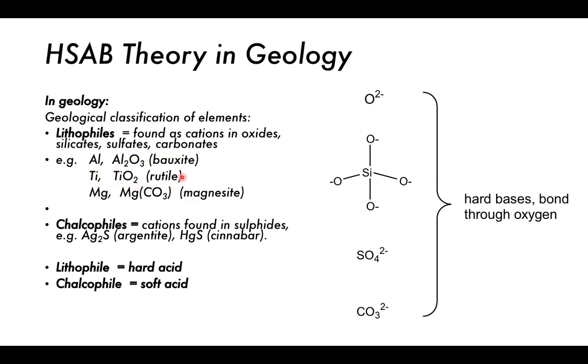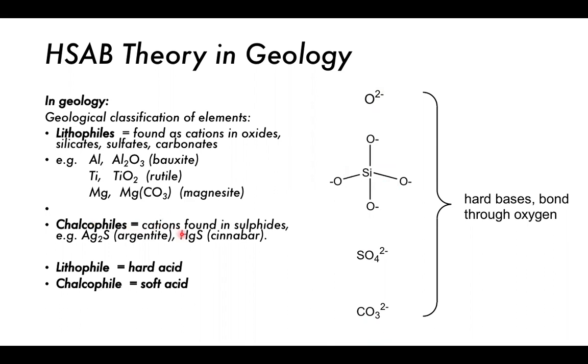Titanium is found as rutile, titanium dioxide, and magnesium is found as magnesite, which is magnesium carbonate. So here we have SiO2, SO4 2-, so we've got sulfate, carbonate, oxide, and silica.